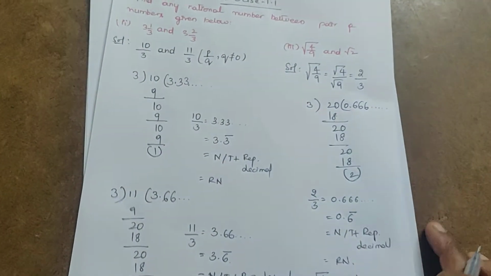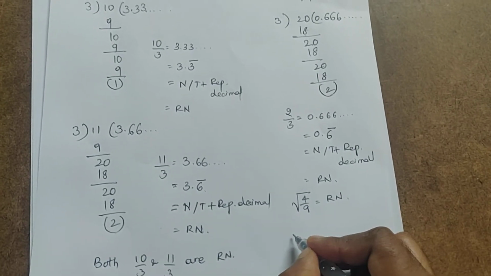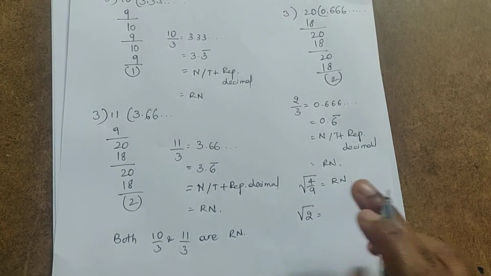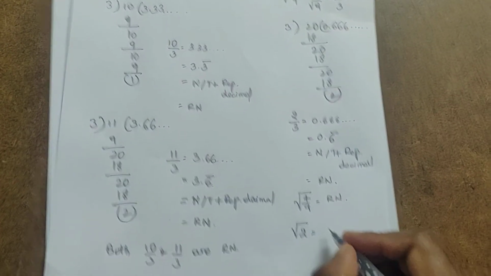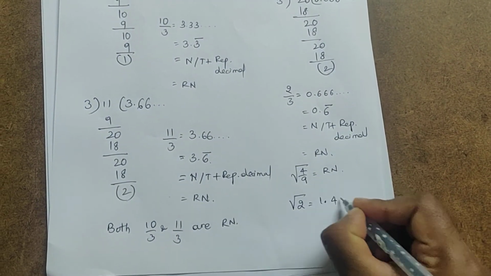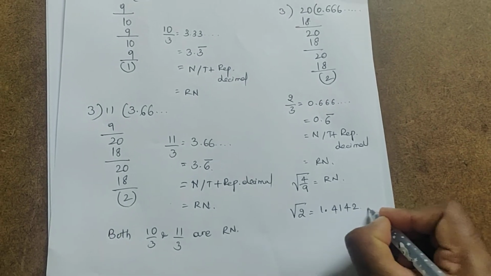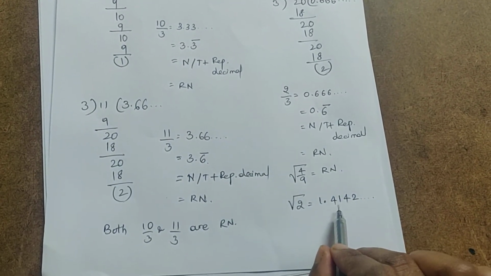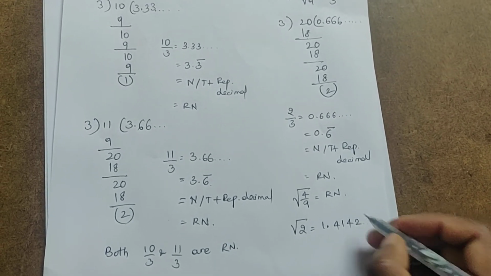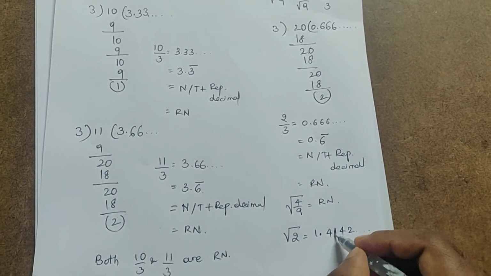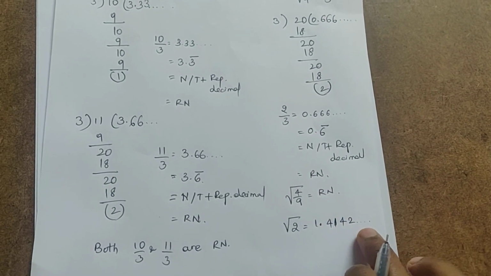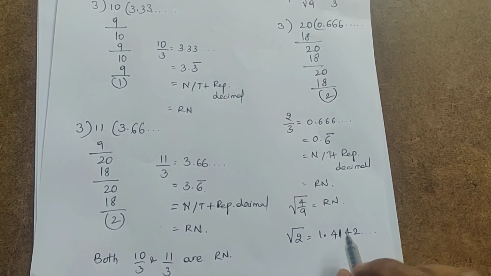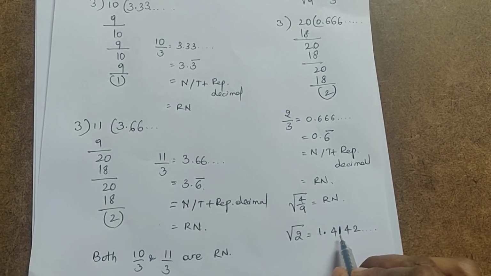And for square root of 2, we have already seen this solved in the previous video. The solution will be 1.4142, and here the decimals do not repeat in a continuous manner, because the decimals are uneven.